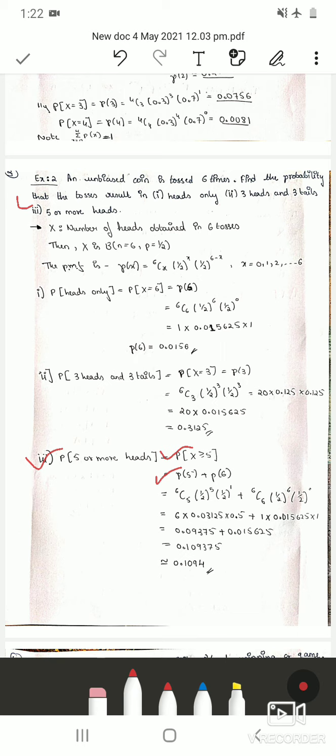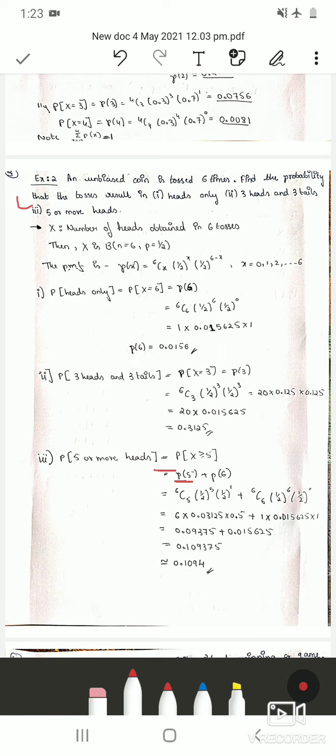If they had given the probability of getting 3 or more heads, then it would be probability of 3 plus probability of 4 plus probability of 5 plus probability of 6. So here they have asked what is the probability that when you toss a coin you will get 5 heads or 6 heads. So it is P of 5 plus P of 6.